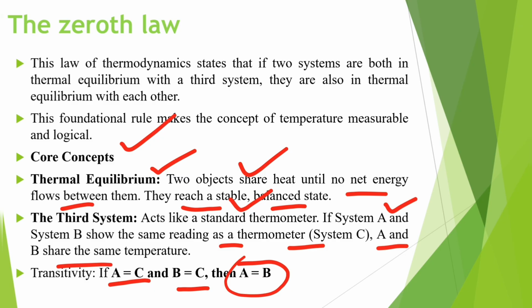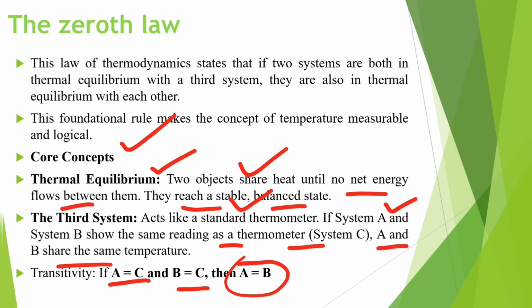When scientists had already named the first and second laws of thermodynamics, they realized this even more fundamental rule was missing, because it underpins the other laws. So they went backward and named it the zeroth law, because it should have been discovered before the first and second laws.